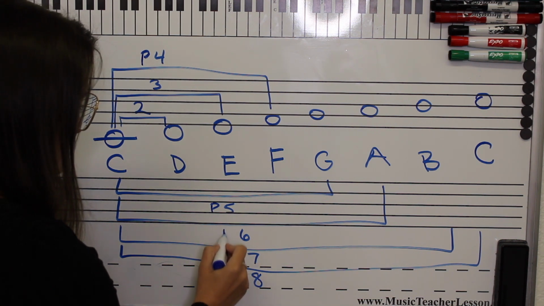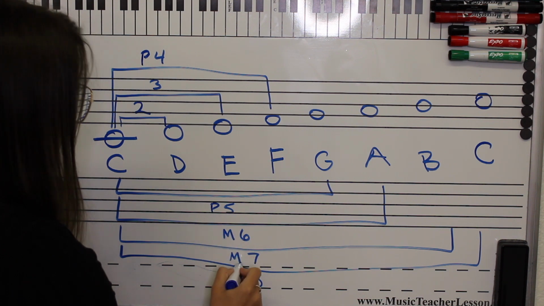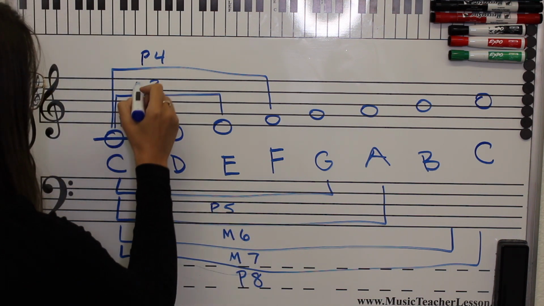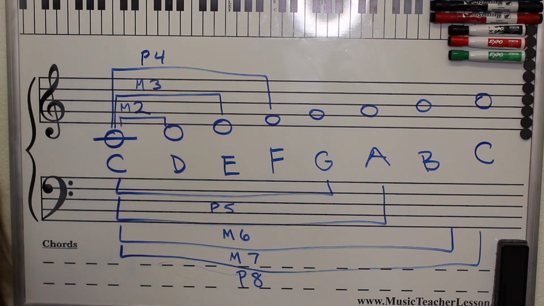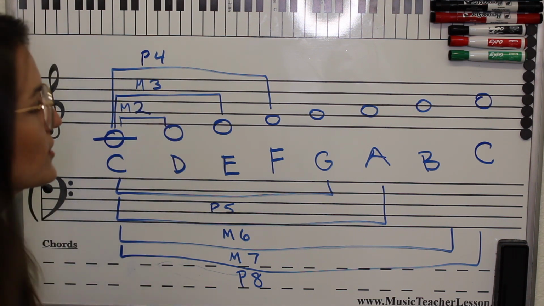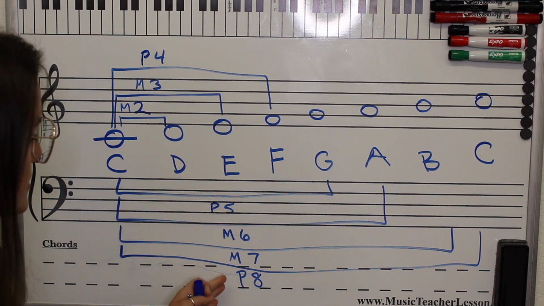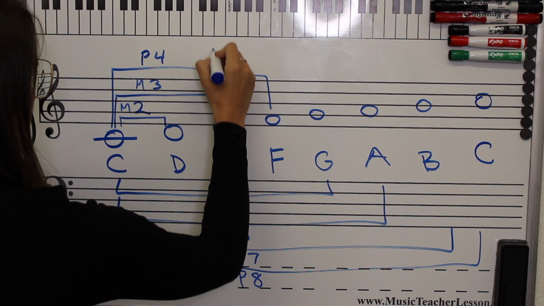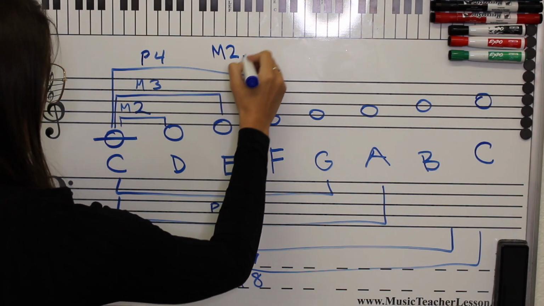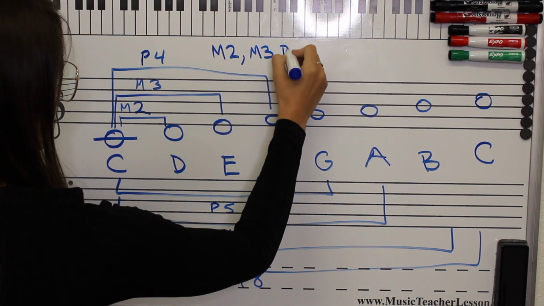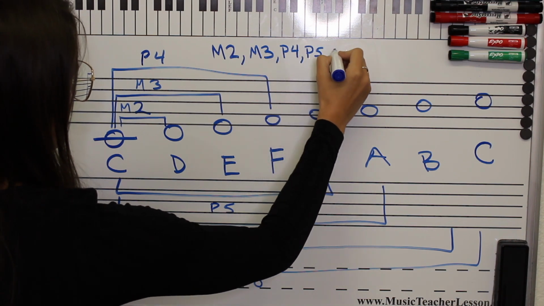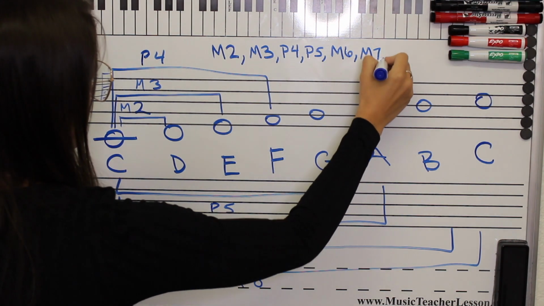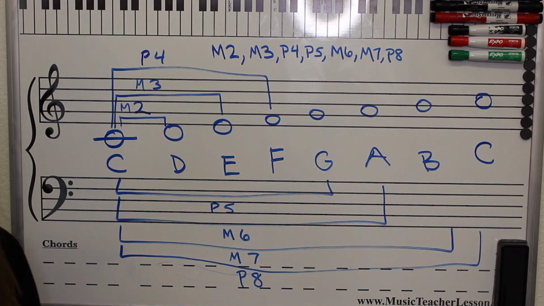So what that means is major 6, major 7, major 2, and major 3. Okay, so those are your major intervals and how you write them. So from C to D, we have a major second, major third, perfect fourth, perfect fifth, major sixth, major seventh, and perfect eighth. So those are your intervals for the major scale.